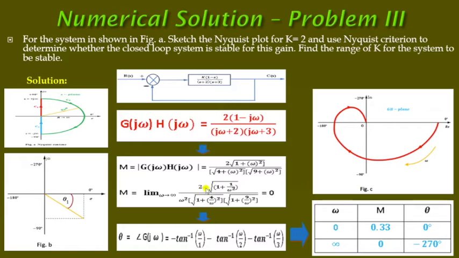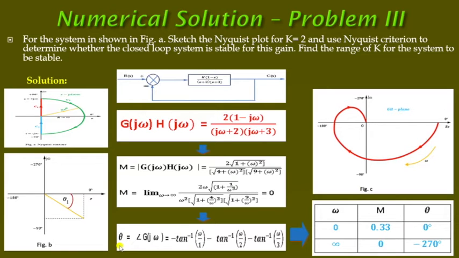Then taking common omega square from the denominator and from the numerator, we get 1 plus 1 by omega square, and 4 by omega square, 1 plus 9 by omega square. Then put omega equal to infinity, and the result is 0. So this magnitude is 0.